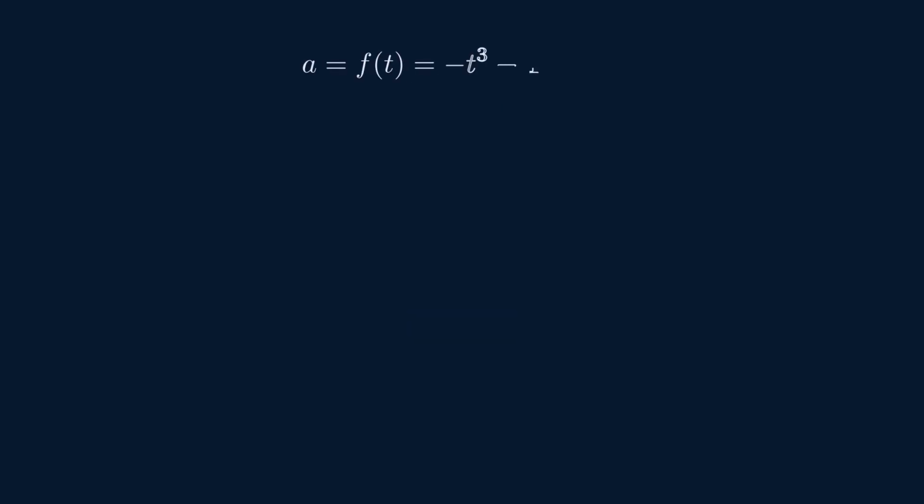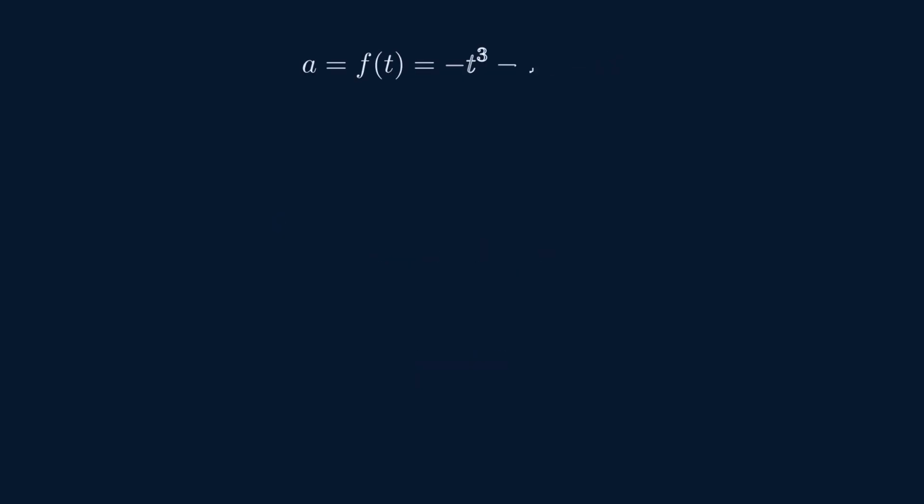So our two critical points are t = (8 + 4) / (-6) = 12 / (-6) = -2, and t = (8 - 4) / (-6) = 4 / (-6) = -2/3.